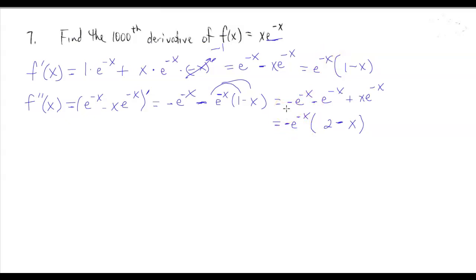So really, at this point, you can kind of see the pattern, but just to confirm the pattern, we're going to do both the third and the fourth derivative. So I won't say anything here. I'll just write it out, and we'll see what it is, and then we'll go from there. And just to make life a little bit more simple for me, I'm just going to write it like this.